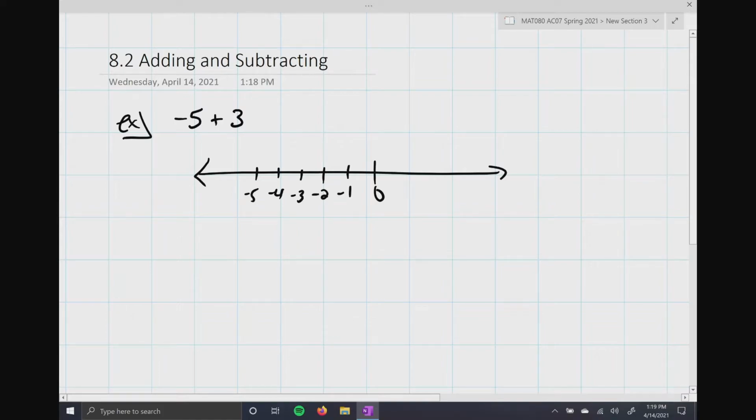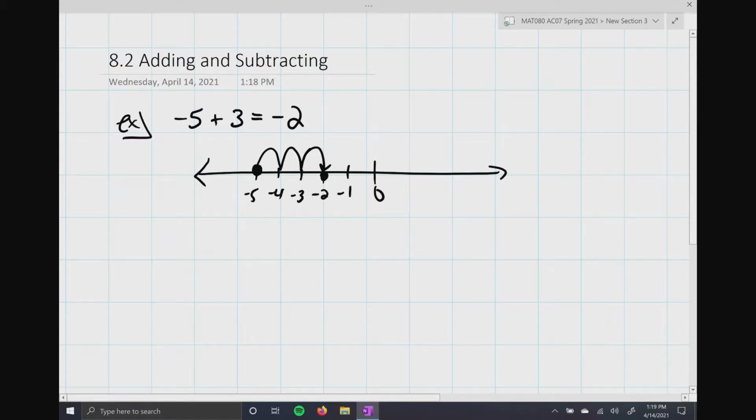We would start on the left, put a little dot at -5, and then we would move to the right because it's a positive or a plus. So we'd move to the right 3 units. So 1, 2, 3. So -5 plus 3 is -2. Okay?